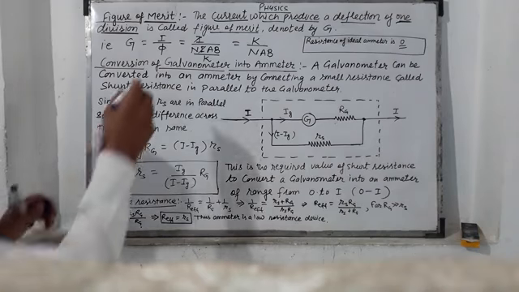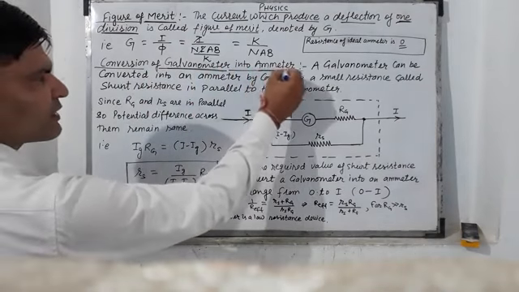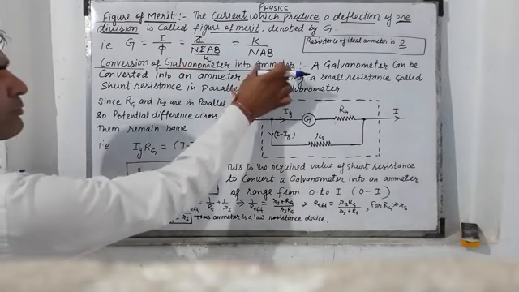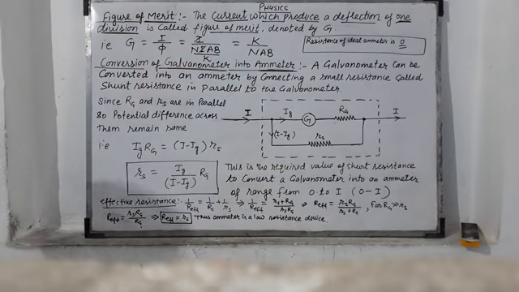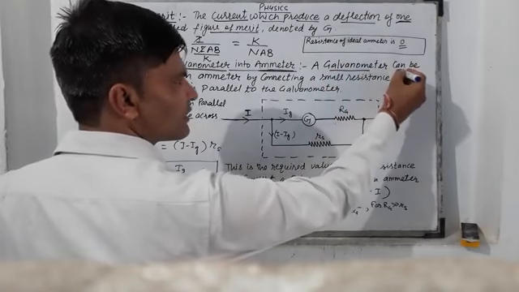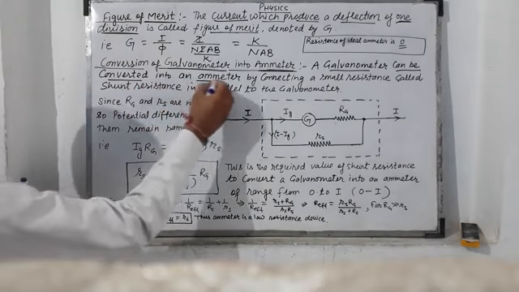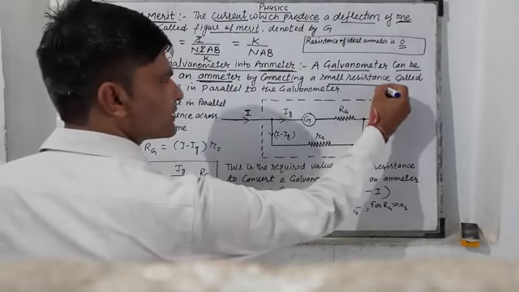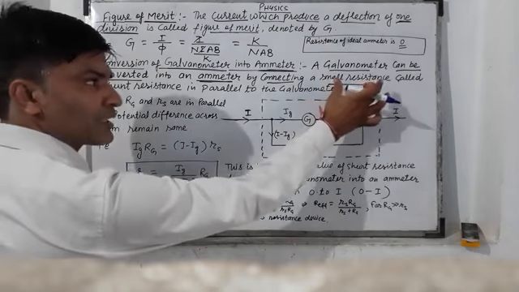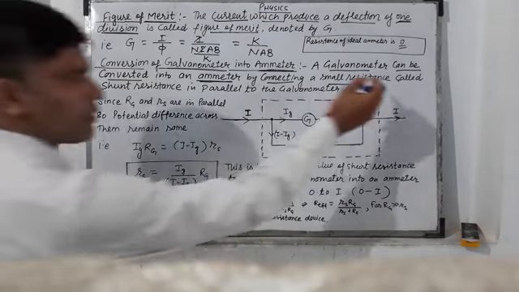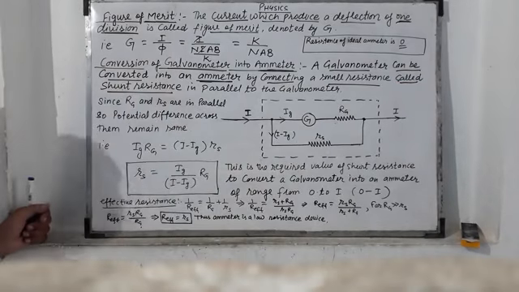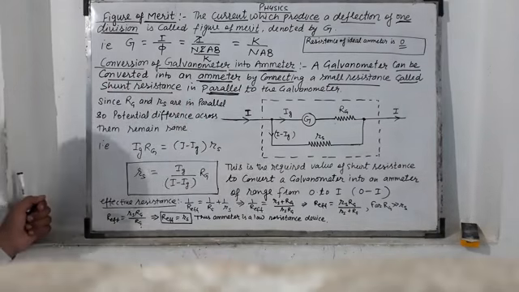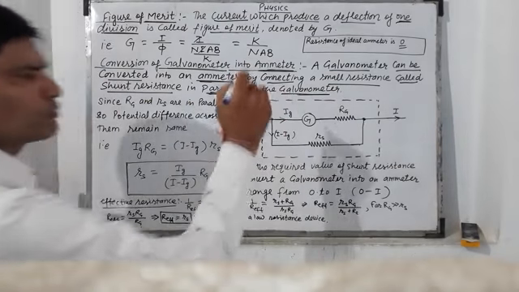Now a galvanometer can be converted into an ammeter. So, the conversion of galvanometer into ammeter. How? By connecting a small resistance called shunt resistance, because it is connected in parallel to the galvanometer.